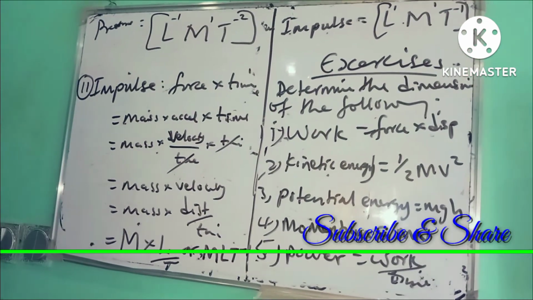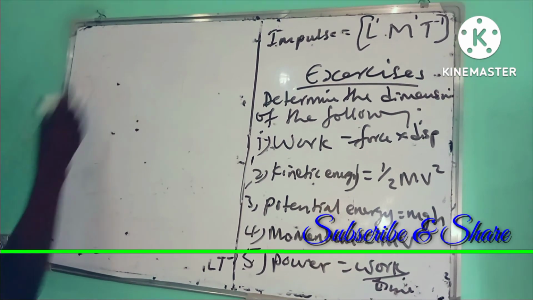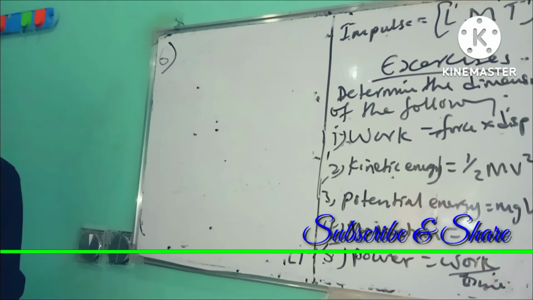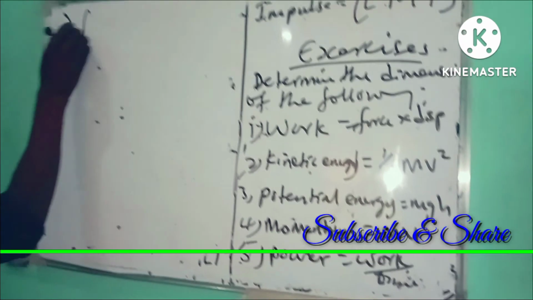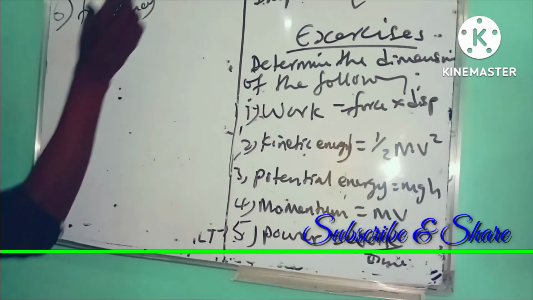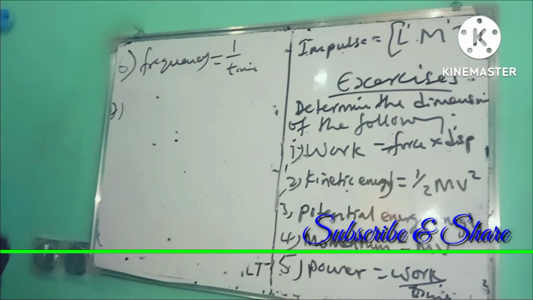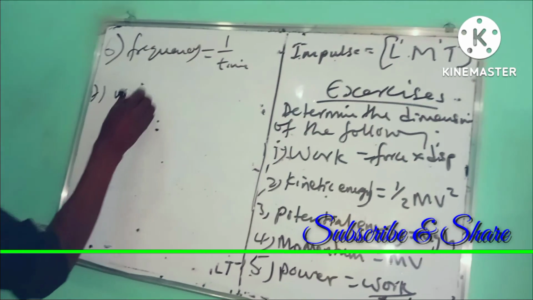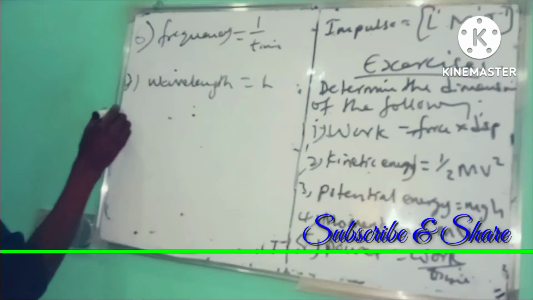So the next, I want to keep you busy. 6, we have frequency, which is 1 over time. 7, we have wavelength, which is length.